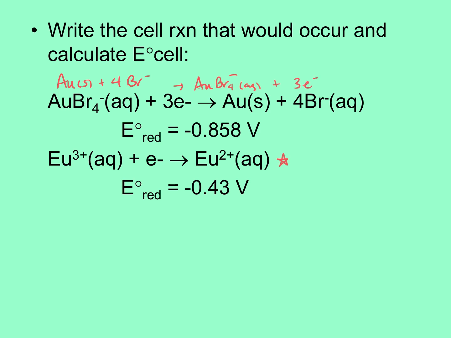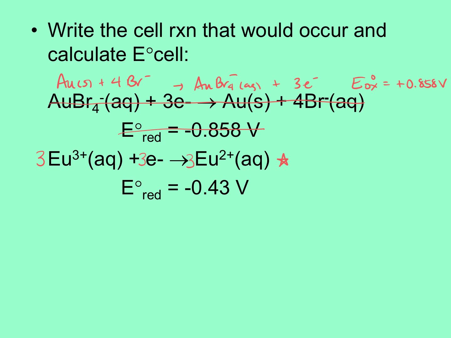That reduction potential no longer applies because it is now an oxidation potential of positive 0.858 volts. I'm going to cross off this line, and now we want the electrons to cancel, so I'm going to multiply this equation by 3 and put a 3 here.